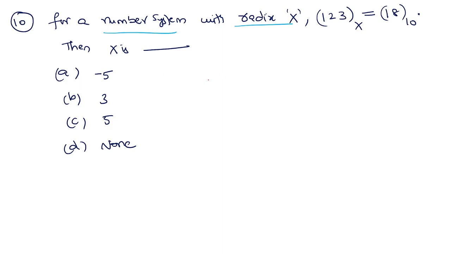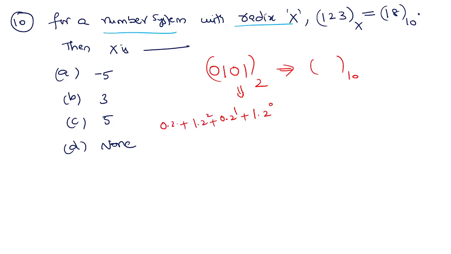See this. Let's say there is a number 0101 base 2. How to convert this into decimal base 10? You know, very simple, right? 1 into 2 power 0, 0 into 2 power 1, 1 into 2 power 2, 0 into 2 power 3. Correct? Like this, you will add the weights.